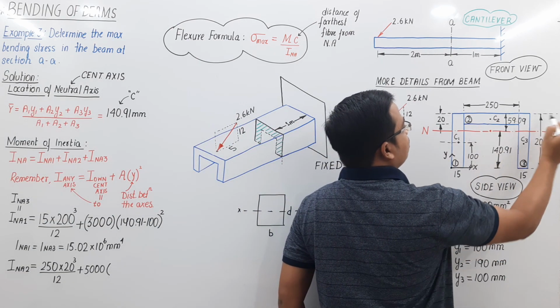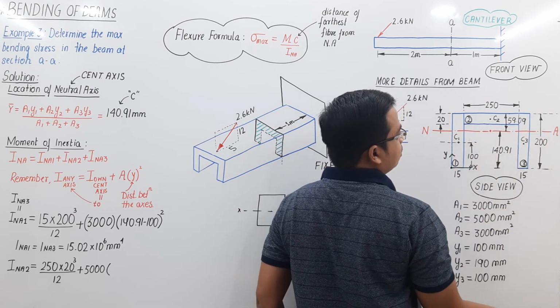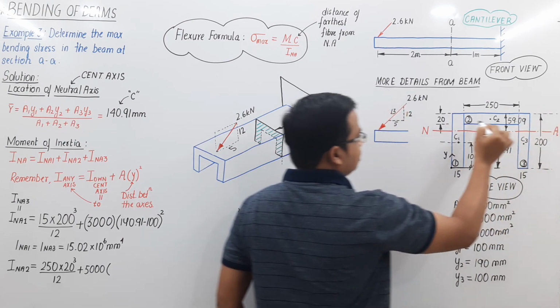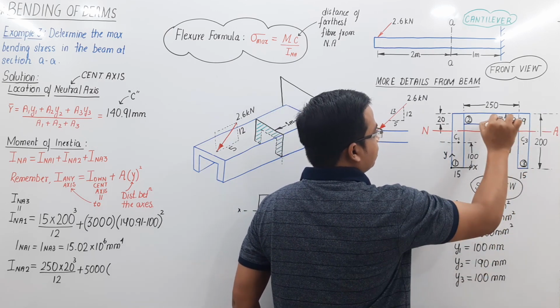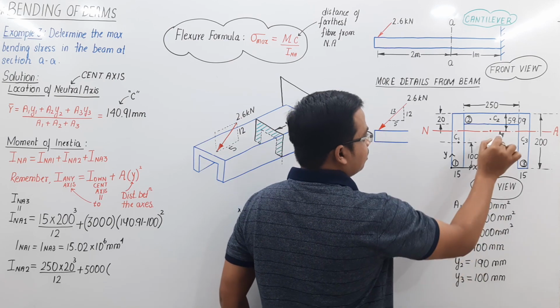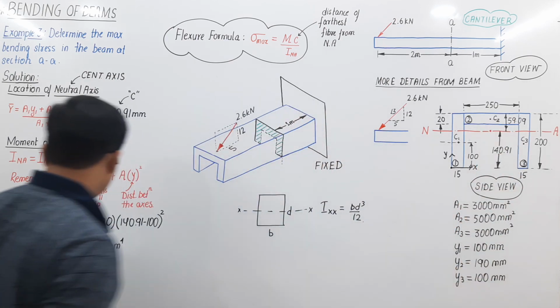This is the axis of rectangle 2 and this is the main axis. This distance is y2, which is 190. So that's 190 minus 140.91, and done.